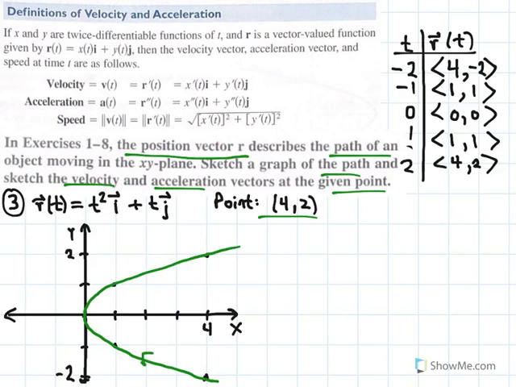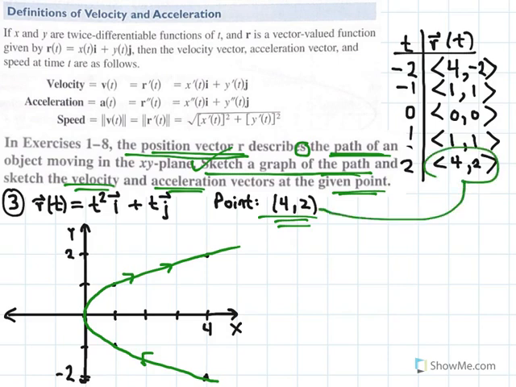And what we like to do is, for the position vector r, describe the path of an object moving in the xy plane. Sketch a graph of the path. We've already done that. And sketch the velocity and acceleration vectors at the given point. So if you look at the given point, it is 4, 2.